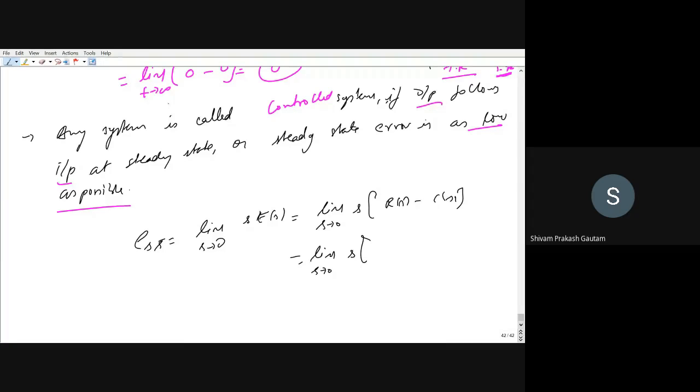What is the Laplace transform of impulse? You have seen it yesterday, it is 1. So 1 minus C(s). C(s) is how much? 1 upon tau s plus 1. This was our C(s), right? So E_ss will be equal to limit s tends to 0 of s times 1 minus 1 upon tau s plus 1.